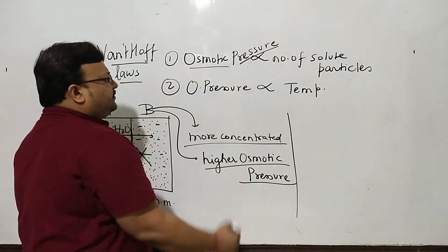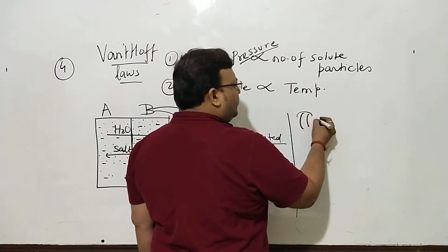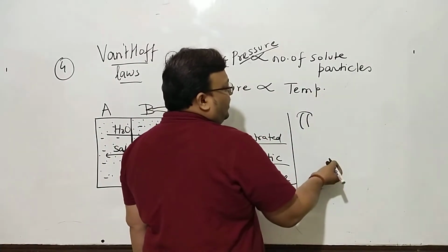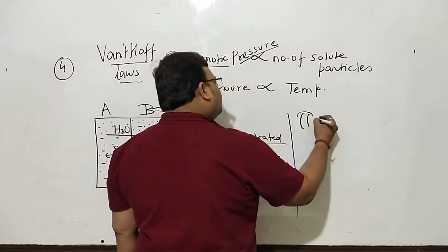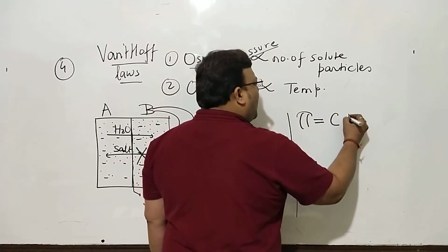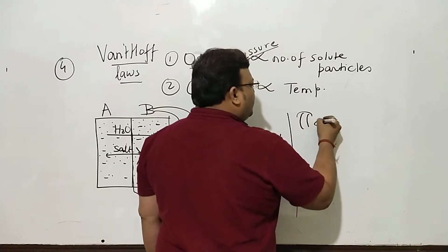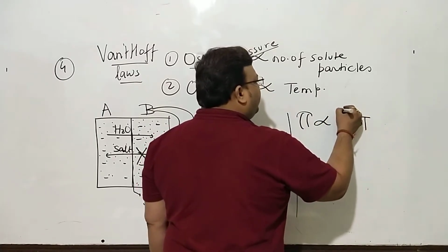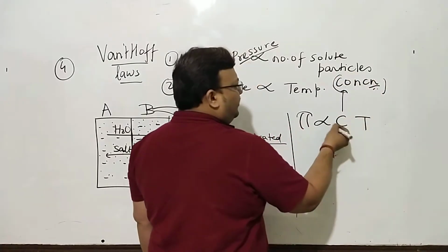From these two laws, I'll get osmotic pressure, which is represented by pi, proportional to C and T, where C is the concentration. I'll bring in a constant, the universal gas constant, so pi is equal to CRT.